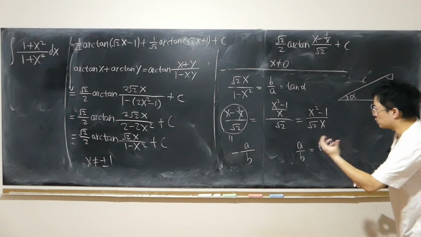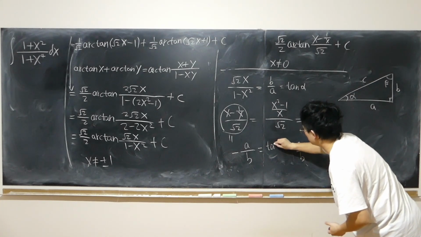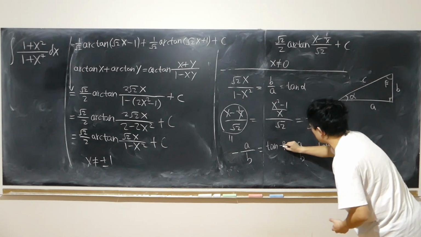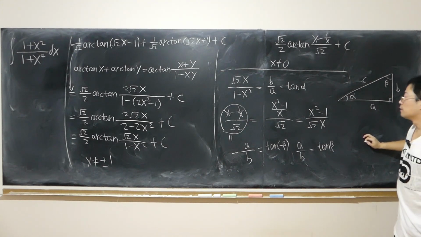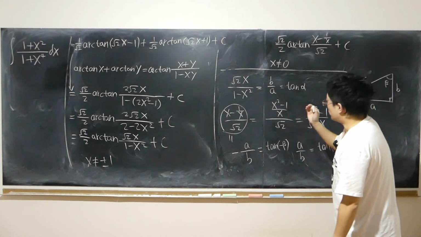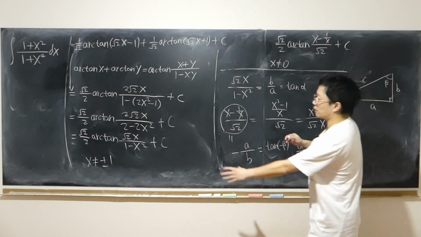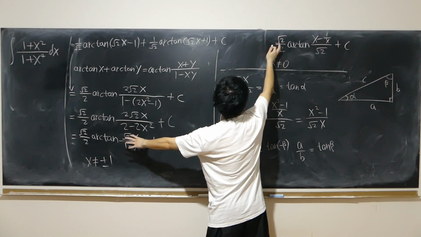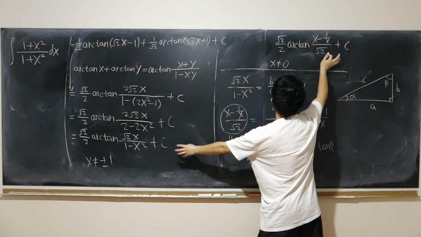So negative A over B should be equal to negative tangent beta, so tangent of negative beta. So that makes it. So really, if you take their difference, same coefficient, just ignore this, different c's, different constants.